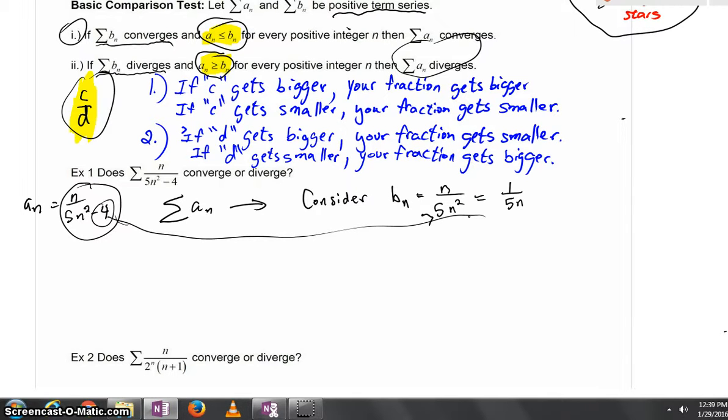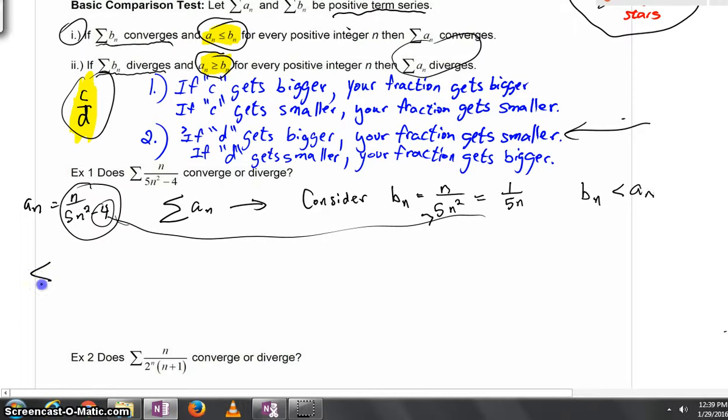If you're not subtracting the 4, your denominator gets bigger. Look at what I just wrote up above. If your denominator gets bigger, your fraction is smaller. So I can say b sub n is actually going to be less than a sub n. A sub n is going to be larger than b sub n.